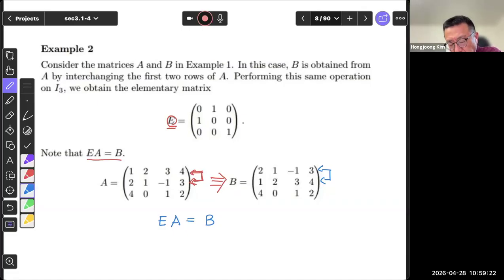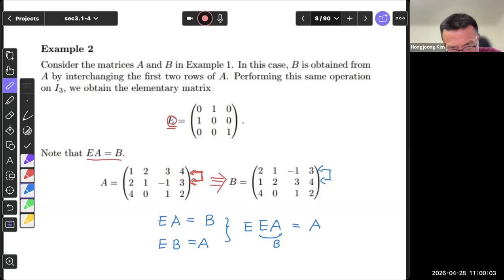Now, as I said, given B matrix, if I perform the interchange operation, that is equivalent to multiplying E to B matrix, you get A matrix. In other words, given A, when I multiply E to A, you get B matrix. This is B. Given B, if I multiply E one more time, you go back to A matrix.